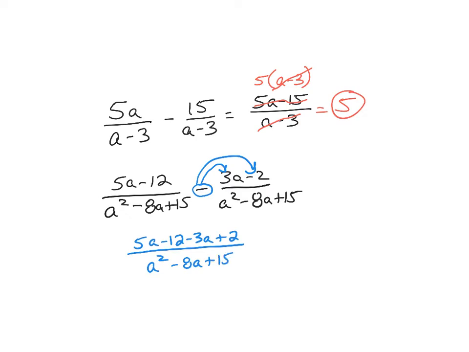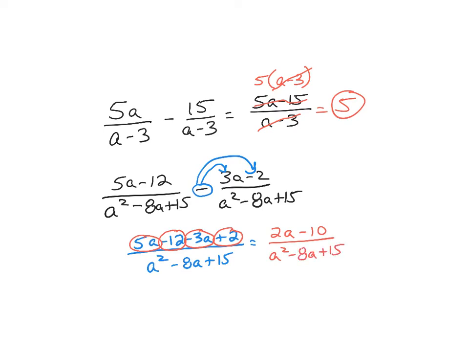I'm going to simplify the top. I have 5a subtract 3a, which is going to give me 2a. I have what I need to think of as a negative 12 plus 2, which is going to give me subtract 10. And then once again, I have that a squared subtract 8a plus 15.